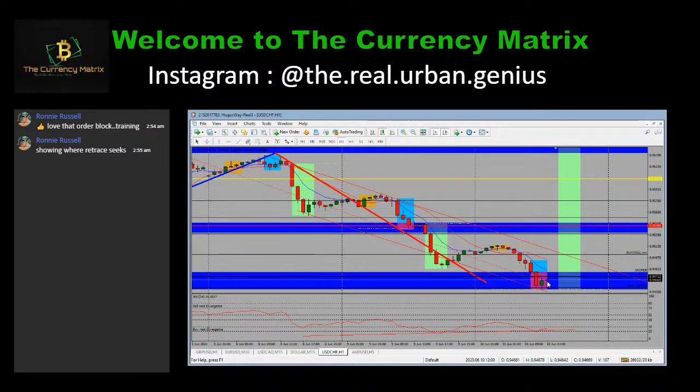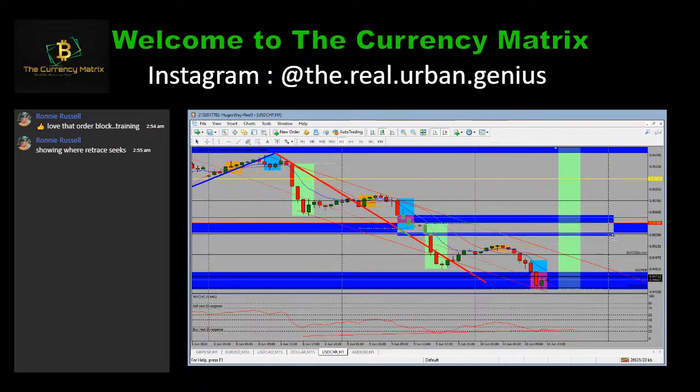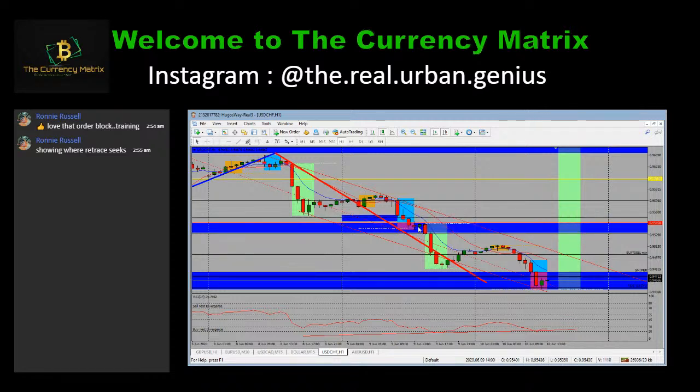For example, on this long, at this first blue zone right here at 9.5, that is a potential take profit area due to the fact that there's structure here. And if you look at it, this is also one of those order blocks that I mentioned. Right, I see it. So that's a potential take profit level.